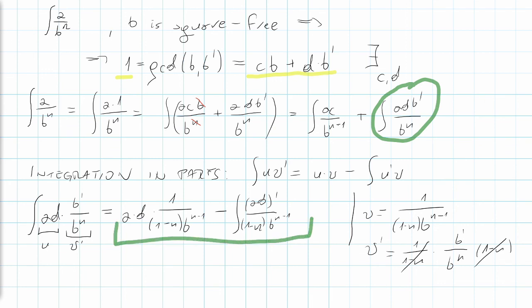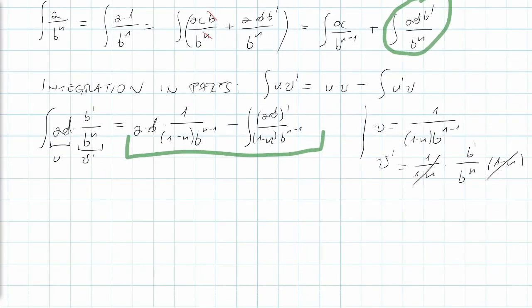So this is the same guy as above. So we can write this whole integral in the following way. What we got is that a over b to the power n is the integral of a times c over b to the power n minus 1 plus, okay, let me write it this way.